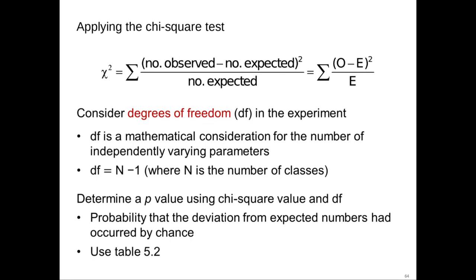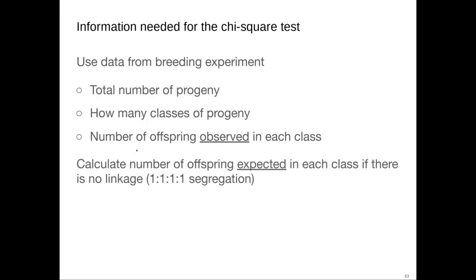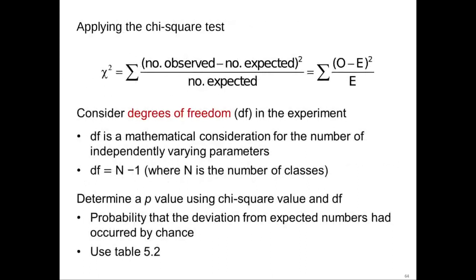It's the mathematical consideration for the number of independent varying parameters. So degrees of freedom is n minus 1, where n is the number of classes. What do I mean by classes? Classes of progeny, so different phenotypes, different genotypes.